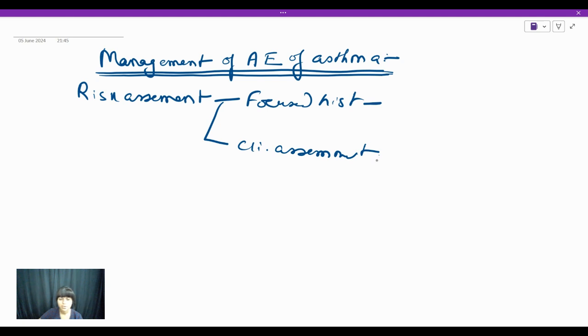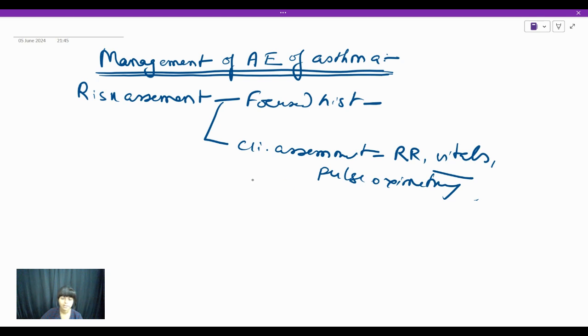And you need to do a rapid clinical assessment: check the respiratory rate, know all the vitals of the child, see whether the accessory muscles of respiration are working, and do pulse oximetry, which is also very important.